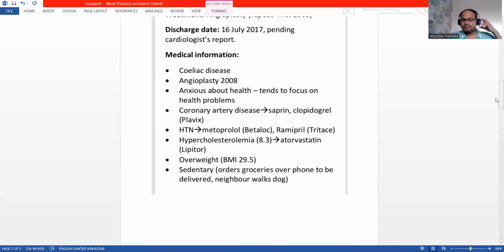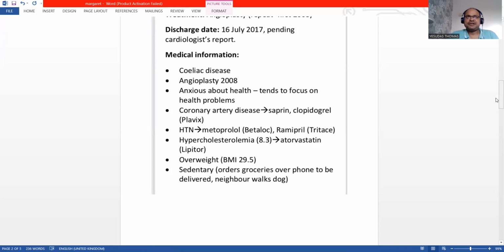Now, she's anxious about health, and tends to focus on health problems. A lot of things are there: CAD, hypertension, hypercholesterolemia, the medicine. All these things you can now include.